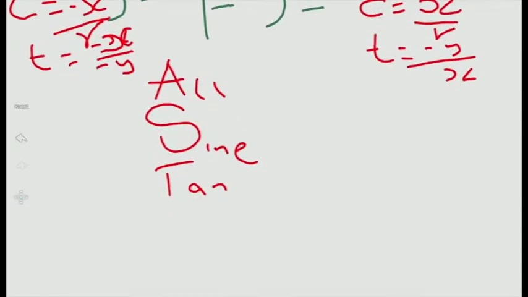And then for the last one, we have only cosine positive. So we have A, S, T, C. All trigonometric ratios are positive for the first quadrant. Second quadrant, only sine is positive. Third quadrant, only tangent is positive. Fourth quadrant, only cosine is positive.